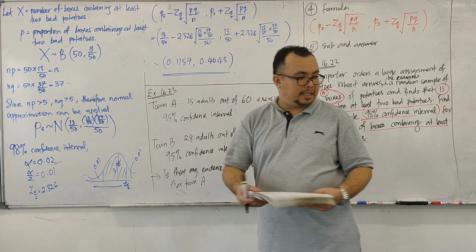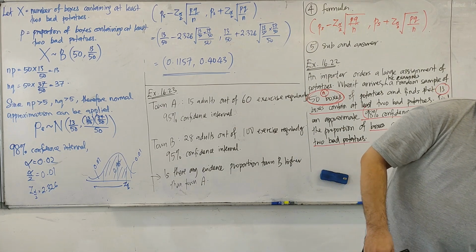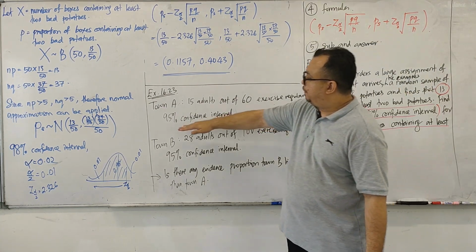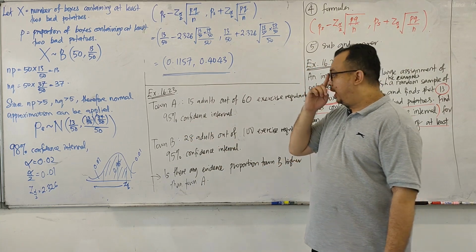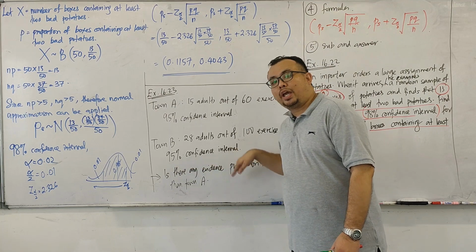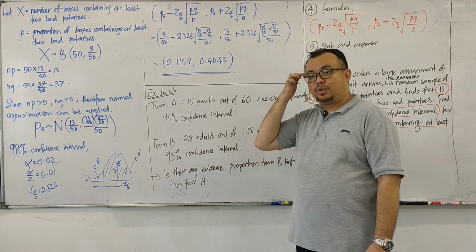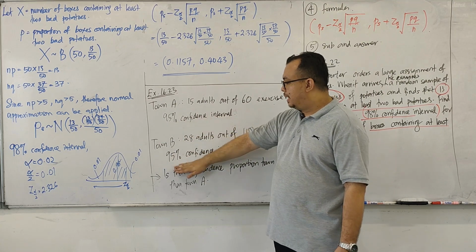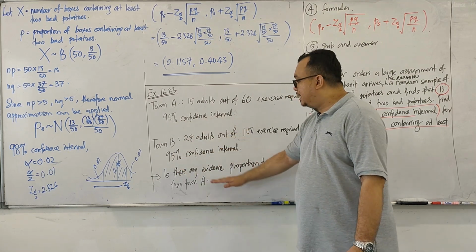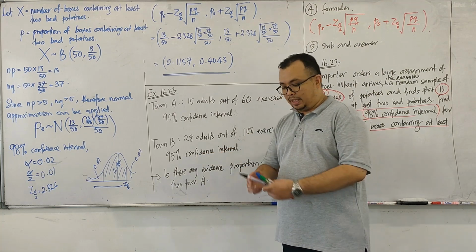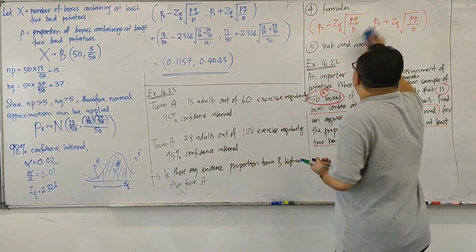Okay, so ini adalah kehendak soalan kita. So let's take town A dulu, because you have to do the first confidence interval for town A, second confidence interval for town B, and then we have to compare between those two. Kita nak bandingkan antara the first confidence interval dengan second confidence interval. Is there any evidence town B is higher than town A? Okay, so let's do this one.